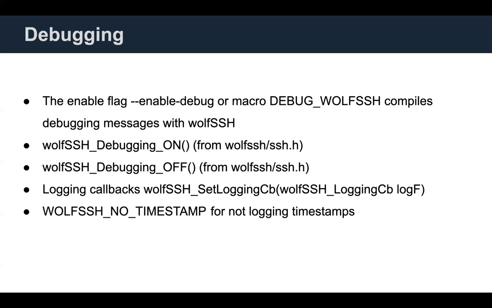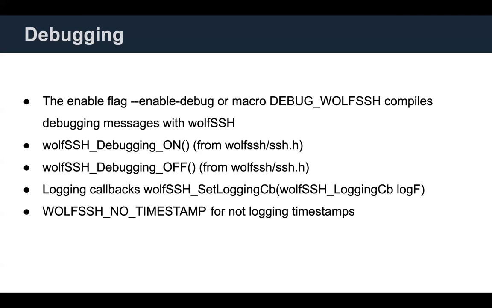It also has a logging callback setting function. So this is if you want to have your logging messages piped to a different location, or to touch up the logging messages before they're printed out, you can set a customized logging callback function and do that processing there.